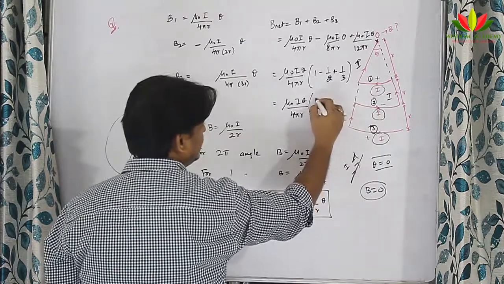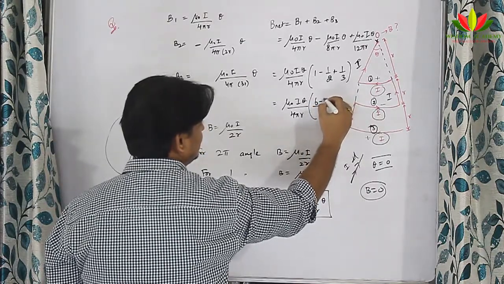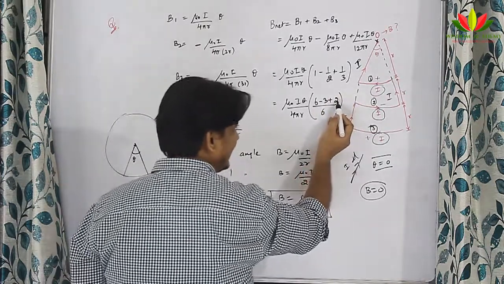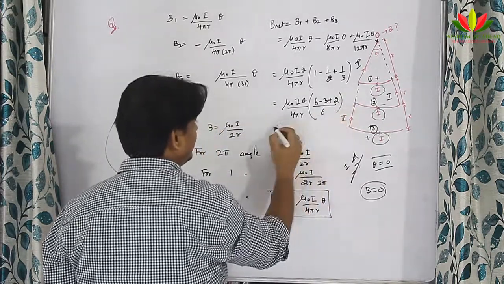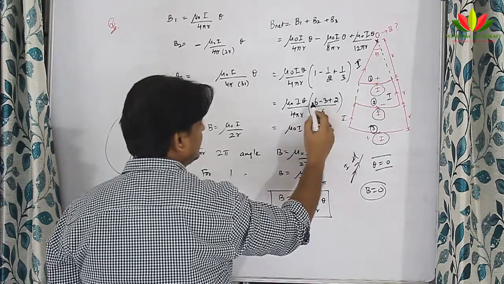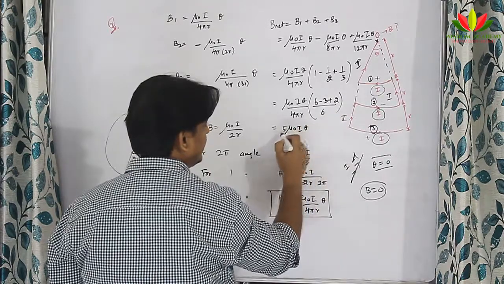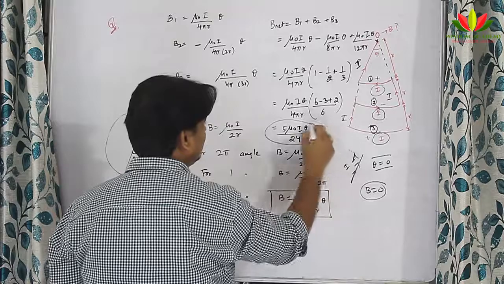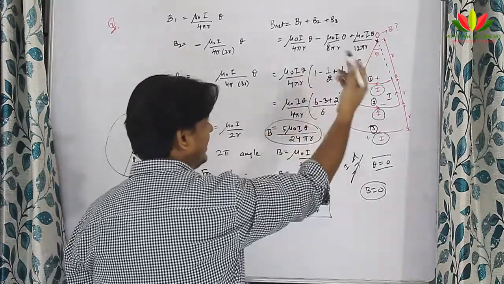It will be 6 minus 3 plus 2. So 6 plus 2 is 8, 8 minus 3 is 5, and it will become mu naught I theta into 5 divided by 24 pi r. This is the value of magnetic field at the point O.